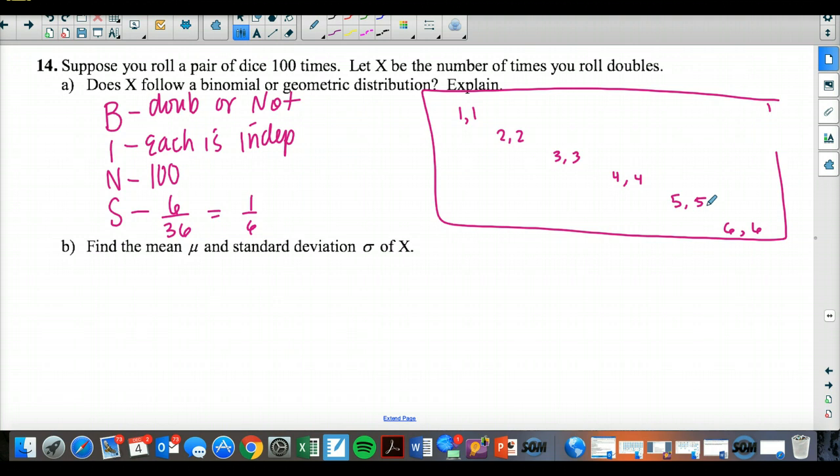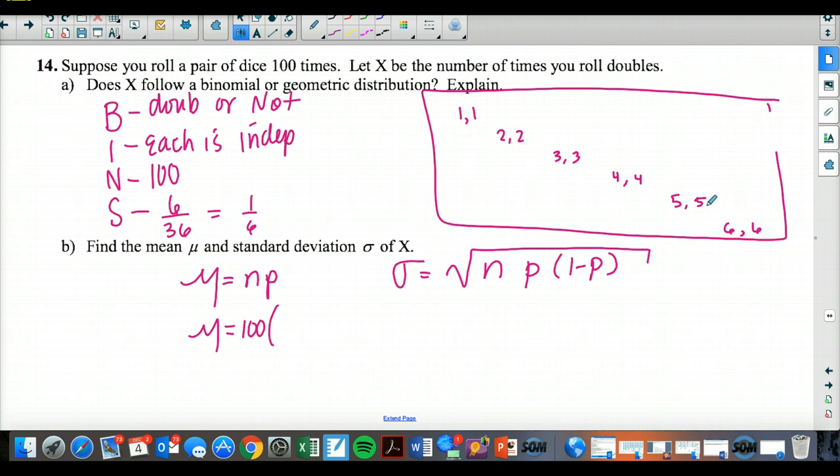Next, what are your mean and standard deviation? That is on your formula sheet. So your mean on your formula sheet is NP. Your standard deviation is the square root of N times P times 1 minus P. So your mean is 100 times 1/6, which is 16.667.